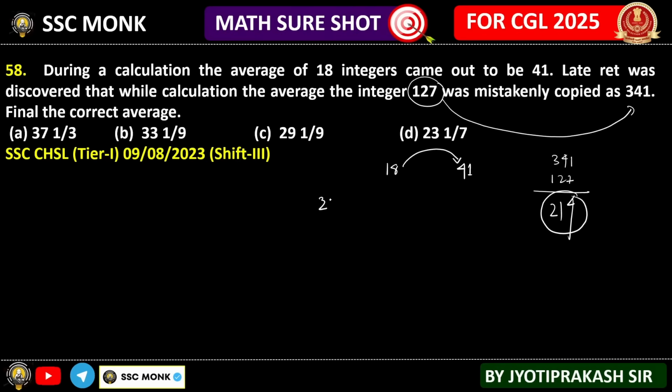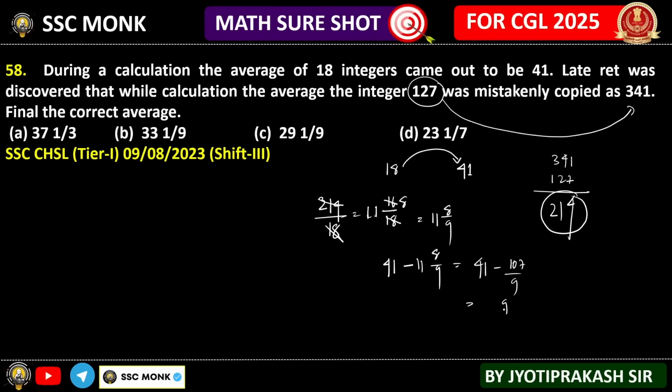So 214 divided by 18. 18 ones are 18, then 16 by 18, 2 eights are 16, 2 nines are 18. So the average will be dropped by 11 8 by 9. Previously it was 41, so 41 minus 11 8 by 9, or I can directly write 41 minus 107 by 9.